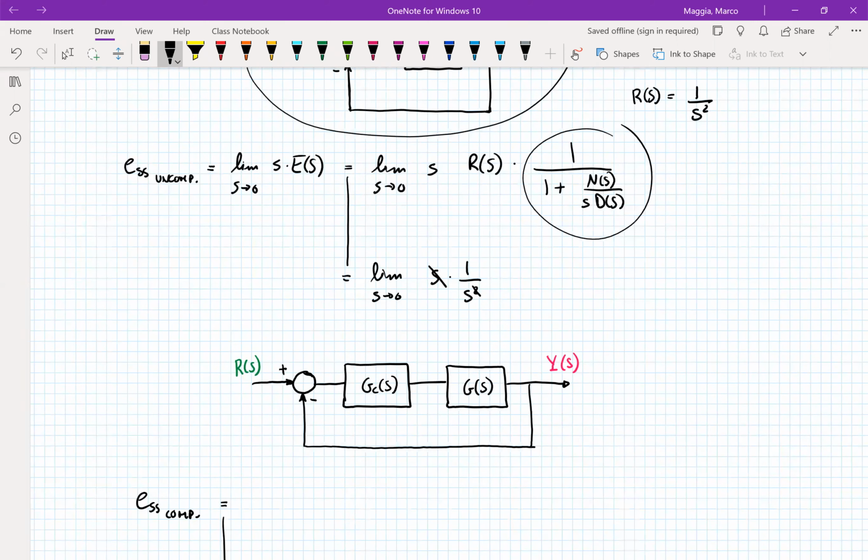So we have at the numerator s times d of s over s d of s plus n of s, and the other s cancels out. If we take now the limit for s that goes to 0, we're left with d evaluated at 0 over n evaluated at 0. So this is the value of the steady state error for the uncompensated system.